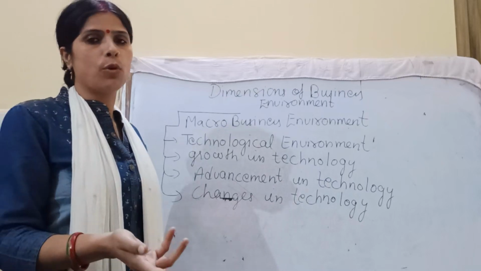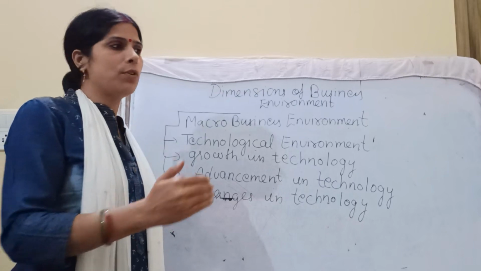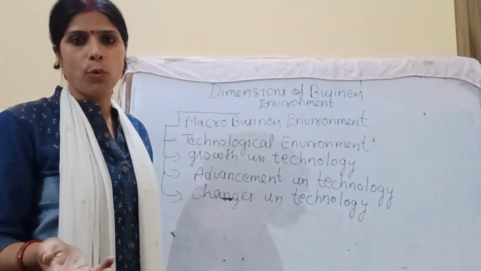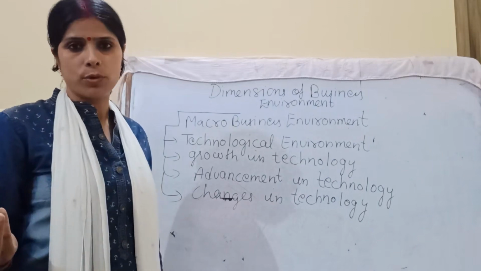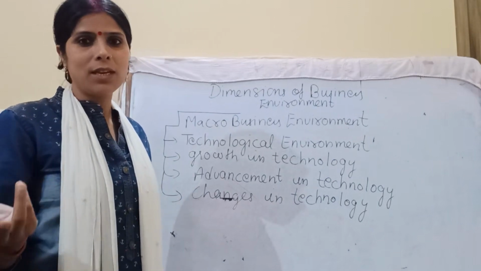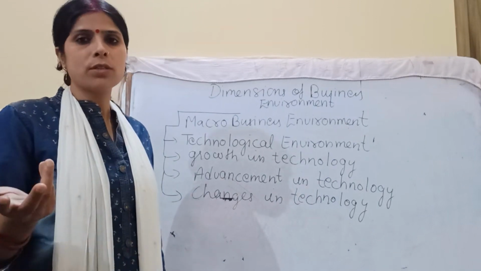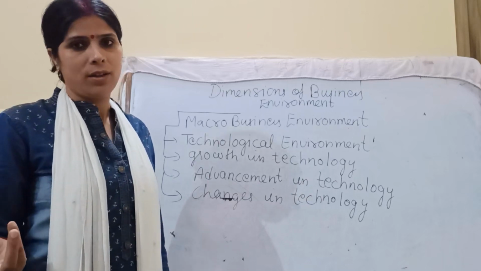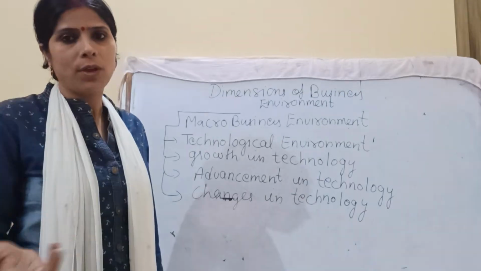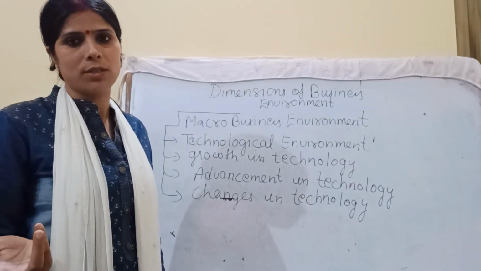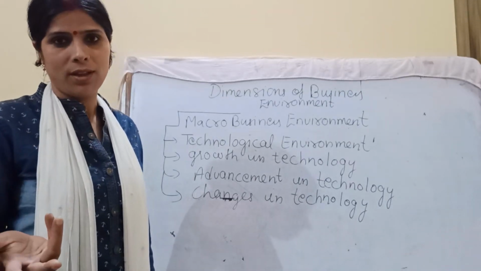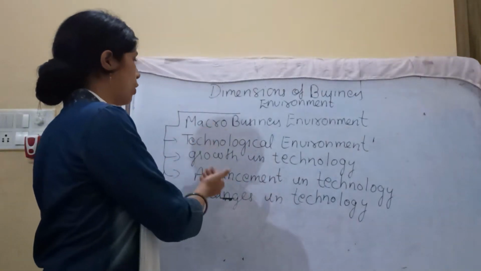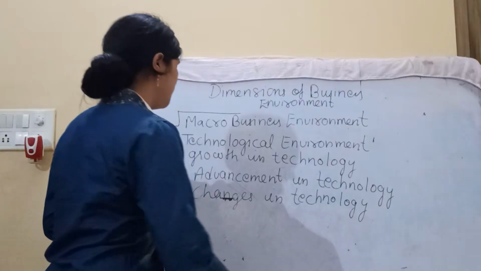Like in your school also, you can see previously we were using only the whiteboard, but now there are smart boards. You can easily save anything over there. So what is that? That is the technological advancement. That is the need of the hour, and that is why we are using. We are bound to use all those technologies. That is why we are successful. So these are the examples of this technological environment.